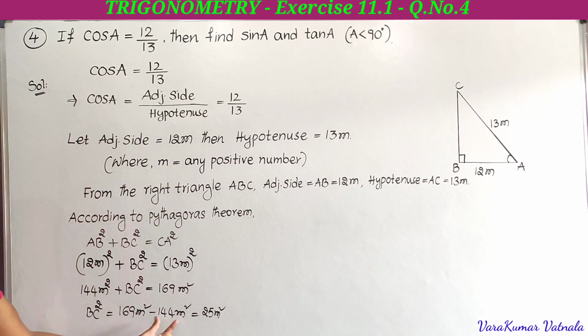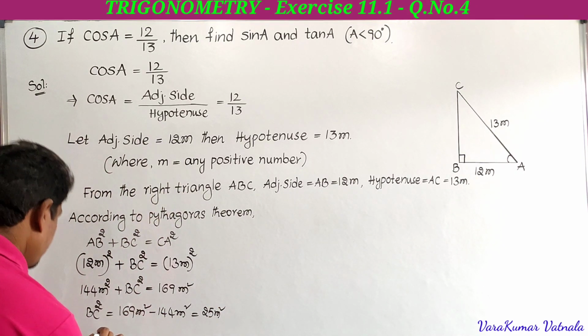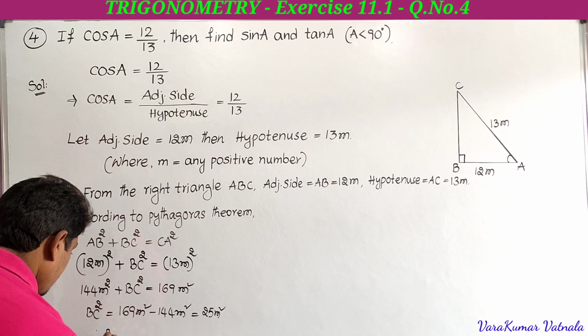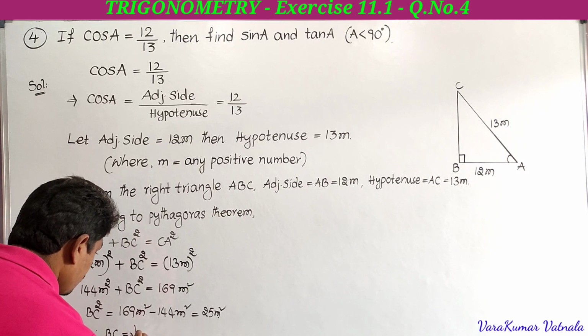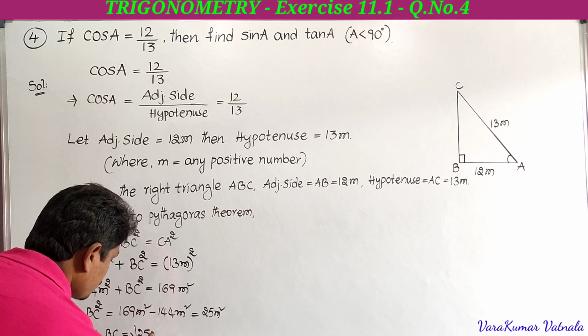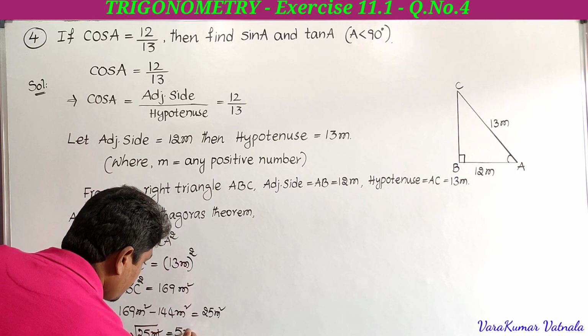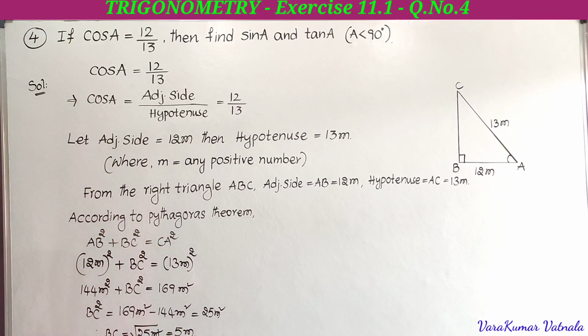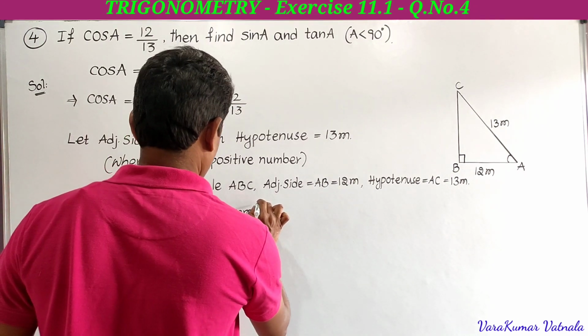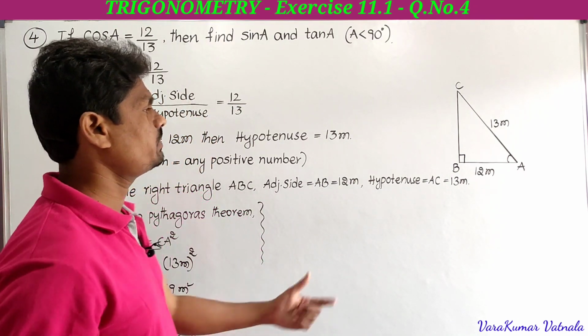So 169 minus 144 is equal to 25. Therefore BC is equal to square root of 25m square, which becomes 5m. Now we have all the three sides of triangle ABC.